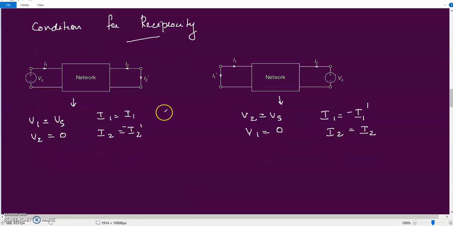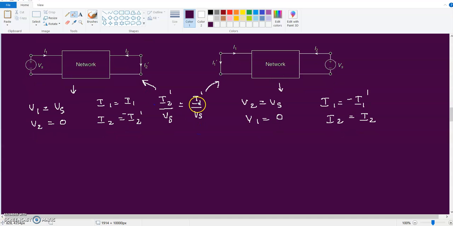What we have to verify is that the ratio of I2 dash by Vs from this case is equal to I1 dash by Vs from this case.